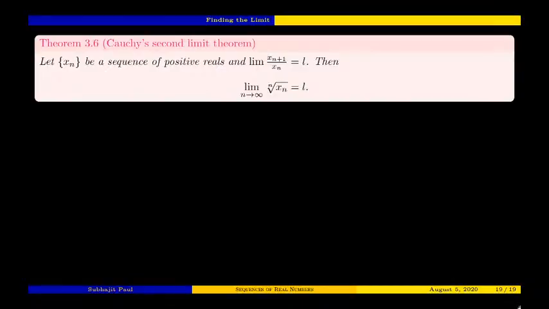So all these theorems help us to find the limits of a sequence. The definition of convergence relies on the fact that you have to provide a number to verify the limit. The definition cannot tell you how to find the limit.